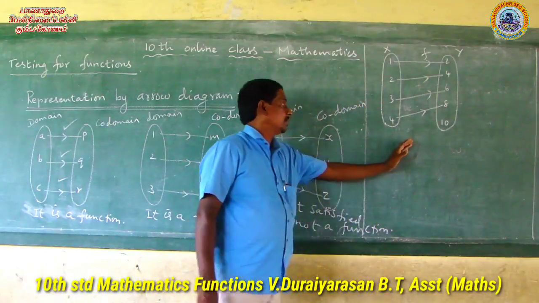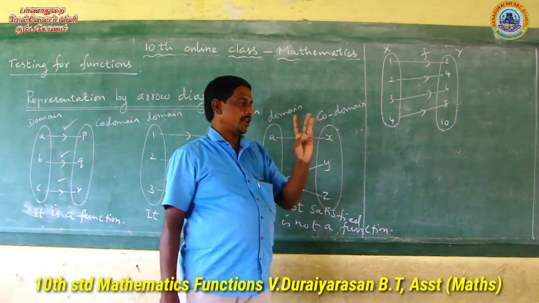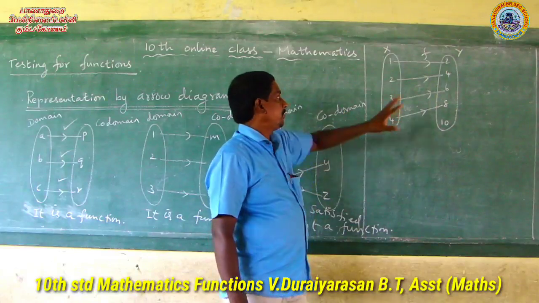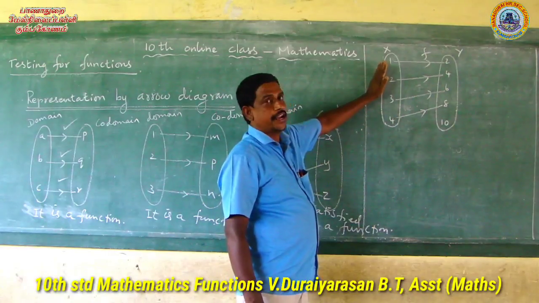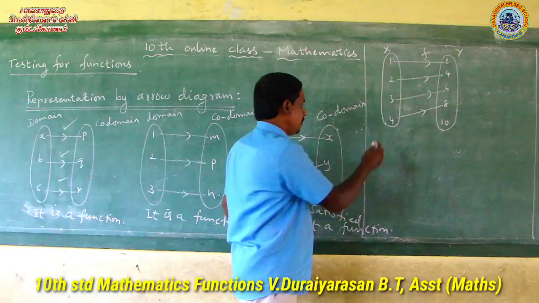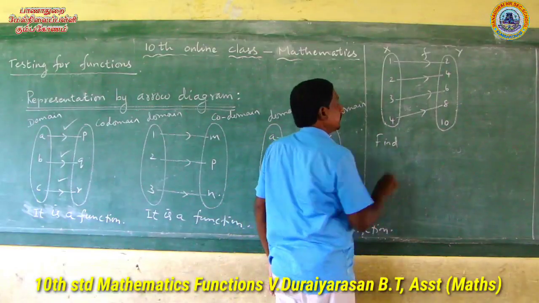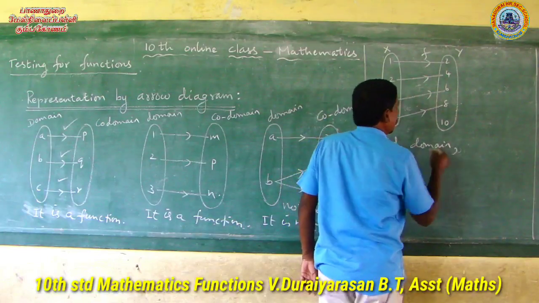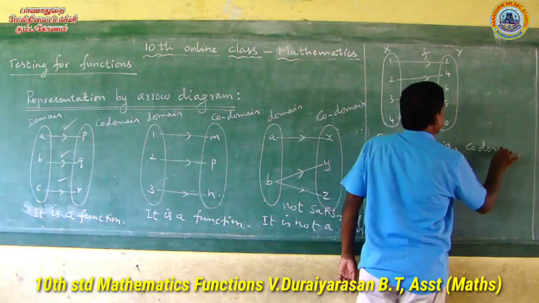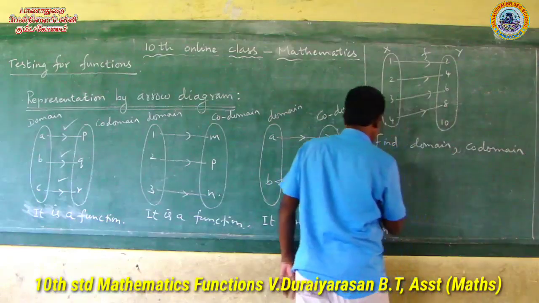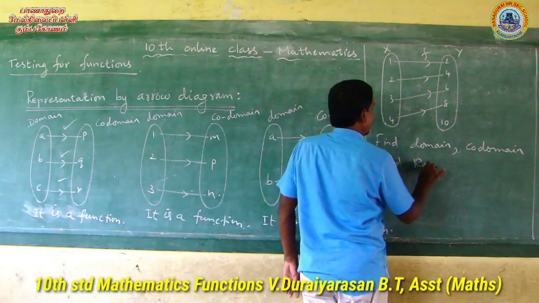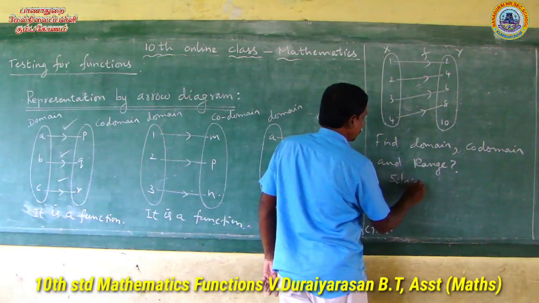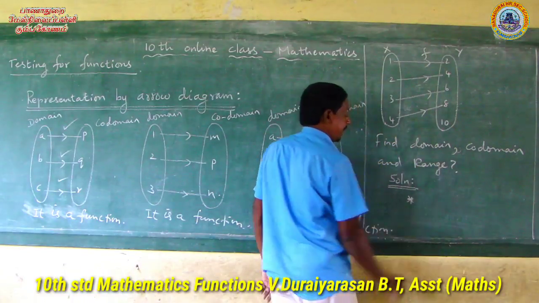One more arrow diagram. Let us discuss how to find the domain, codomain, and range. The arrow diagram is given.